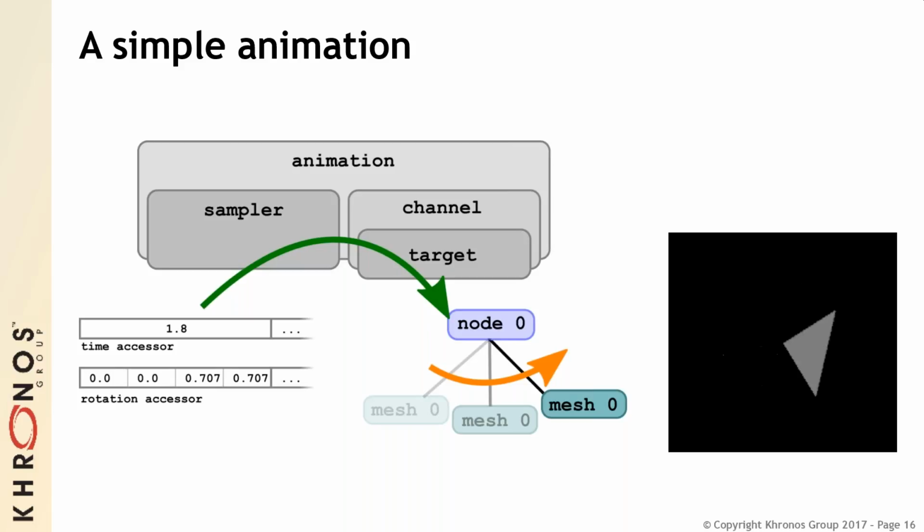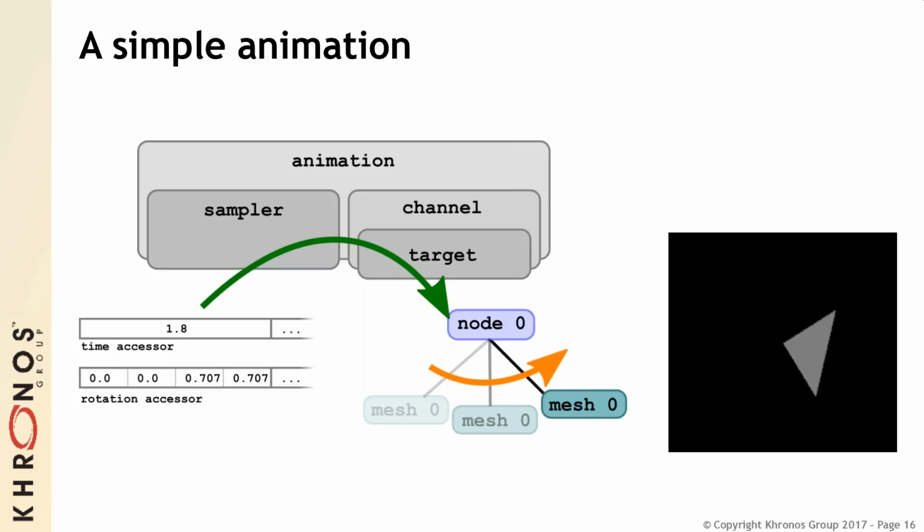So the example shows a rotating triangle that consists of a simple mesh attached to a node, and the animation reads the input data from the accessors and forwards this information, interpolated accordingly, to the rotation property of a node. The result will, in this example, be a rotating triangle.